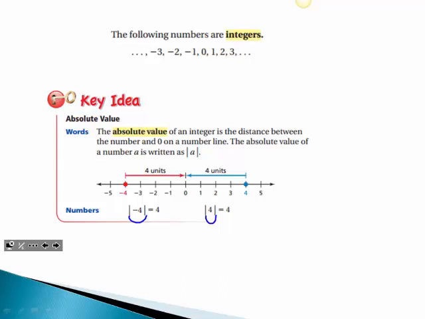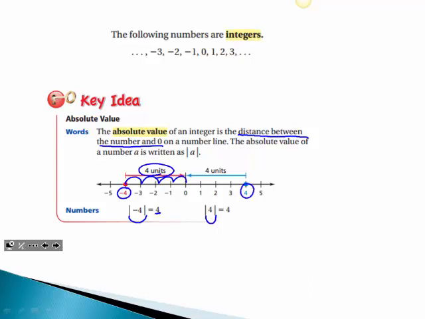What's really important to know is that it's the distance between the number and 0 on a number line. So if you were to graph negative 4 here, you'd say how far is negative 4 from 0? And we'd go 1, 2, 3, 4. It's 4 away from 0. That's why the answer is 4. Same thing here.